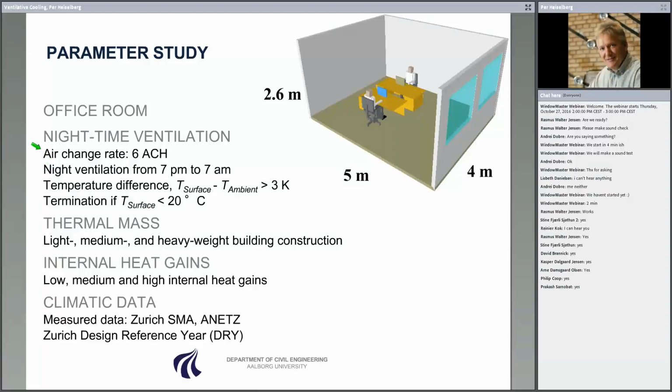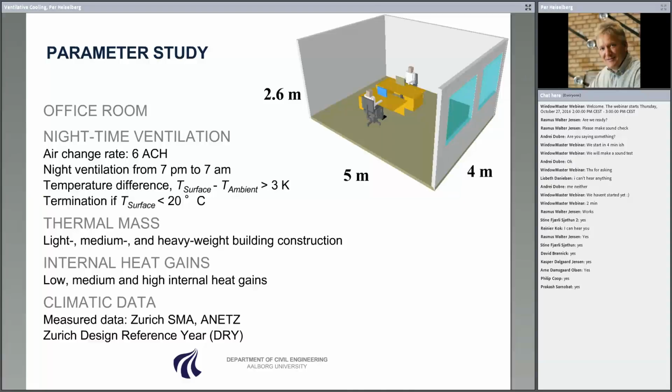We had implemented a nighttime ventilation in the basic case with an air change rate of 6 air changes per hour, and it was running from 7 in the evening to 7 in the morning if the temperature difference between the room and outside was more than 3 degrees. And then we stop when the surface temperature comes below 20 degrees.